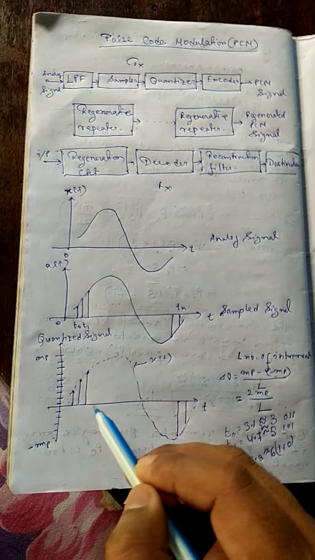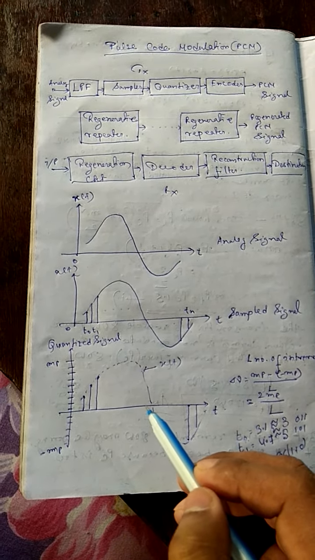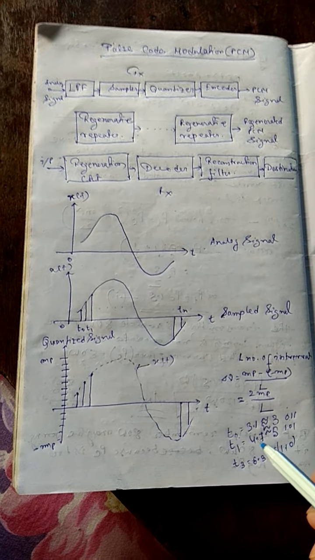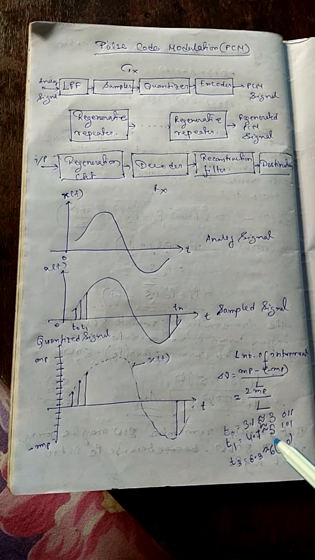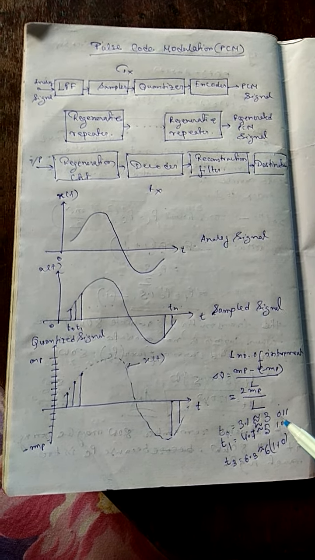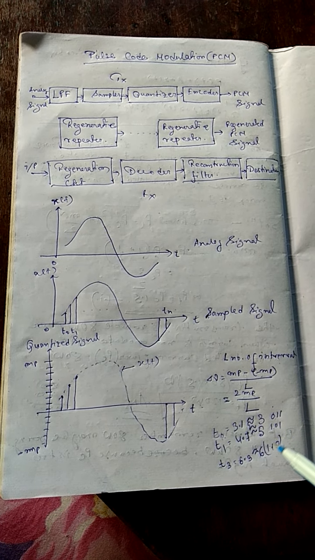So in the quantization process there are samples t0 to tn. Each sample, after the rounded-off process or quantization process, gives an approximated value, and after encoding we get numbers like 0 1 1, 1 0 1, 1 1 0.